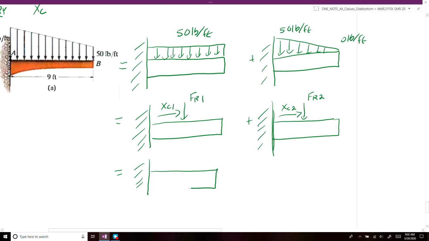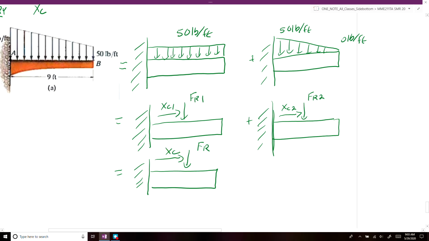And then at the end, once we have FR1 and FR2, we can combine them to get our total resultant force, FR, and our total centroid, X of C. All right? So that's what we're going to do in this problem.